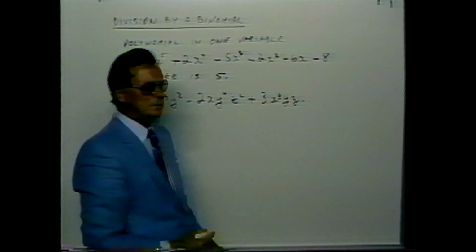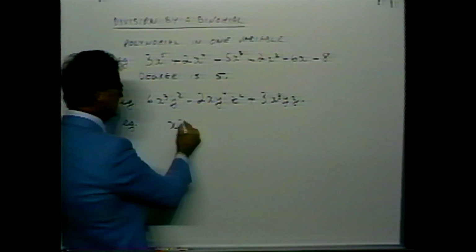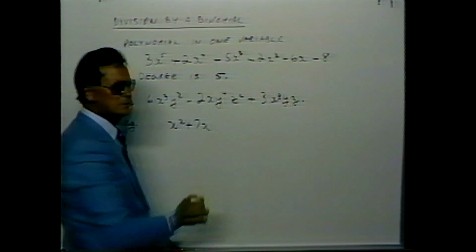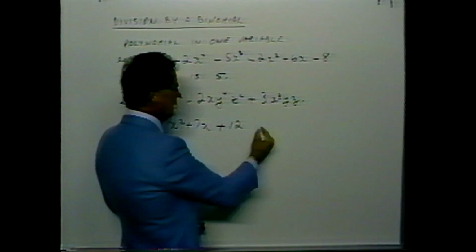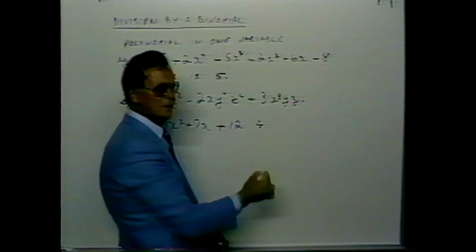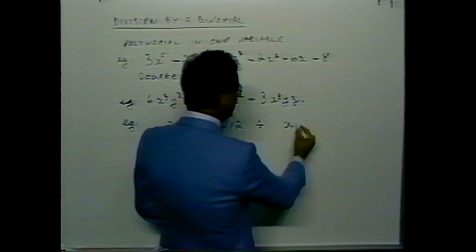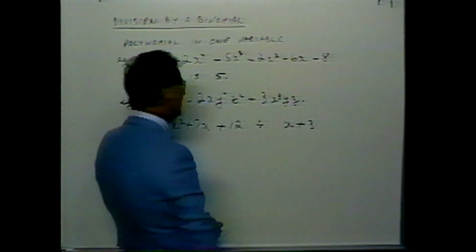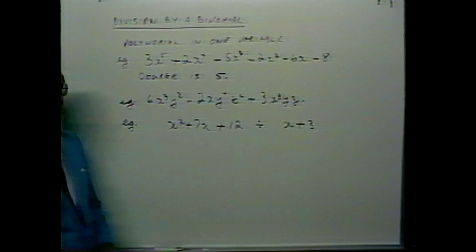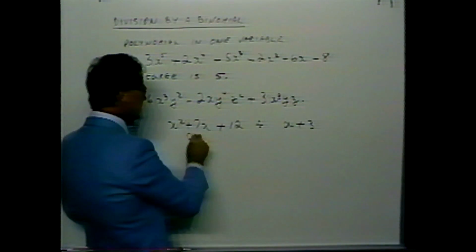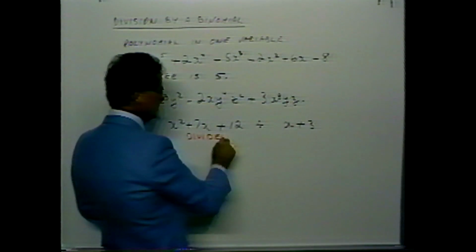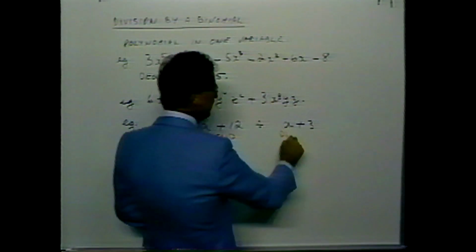For example, take x squared plus 7x plus 12 and divide by x plus 3. There are two ways I can show this problem. This is one of the ways. This is the dividend, and this is the divisor.